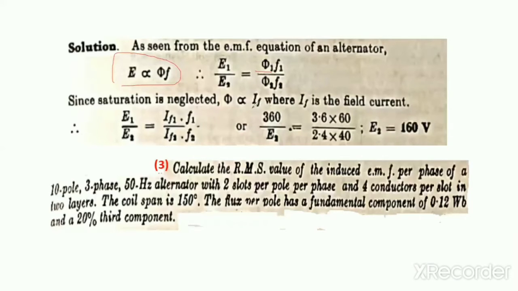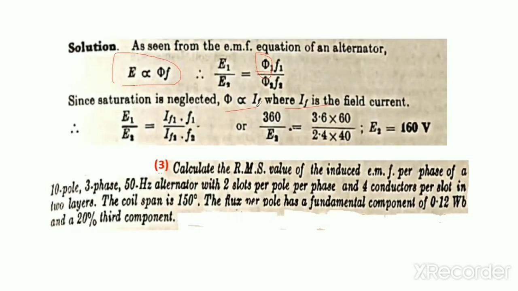The flux is directly proportional to the field current. Then instead of phi1, we replace it with IF1, so E1 by E2 is equal to IF1 into F1 by IF2 into F2.